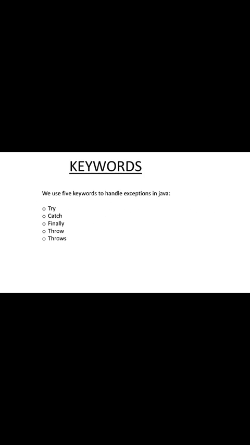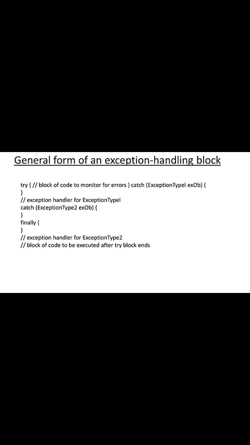Examples: arithmetic exception, null pointer exception, number format exception, etc. And the process we use to handle those exceptions is called exception handling. We use 5 keywords to handle exceptions in Java. They are try, catch, finally, throw, and throws. Here is an example of exception handling.